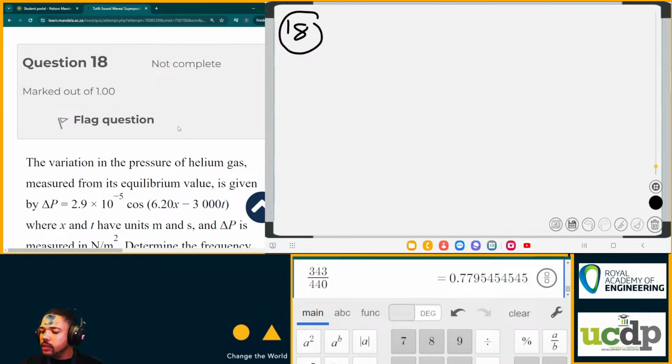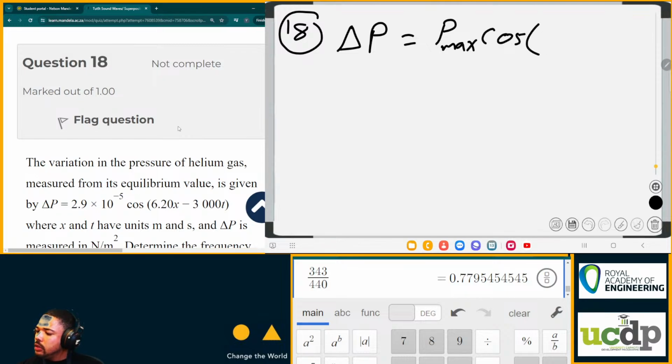Now we have seen a formula that relates the change in pressure to the pressure max times the cosine or sine, either one, of kx plus wt.